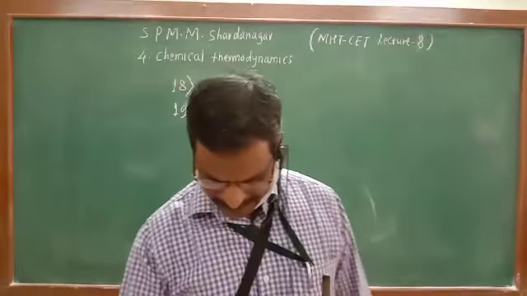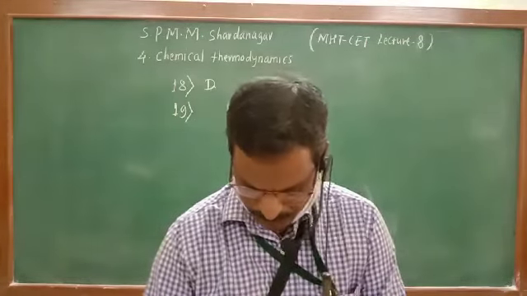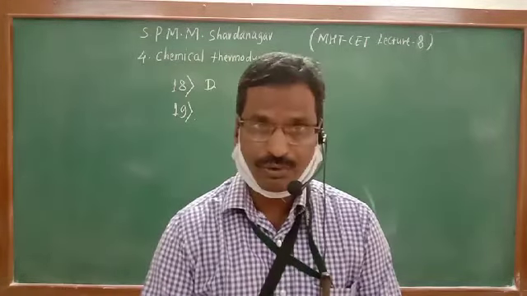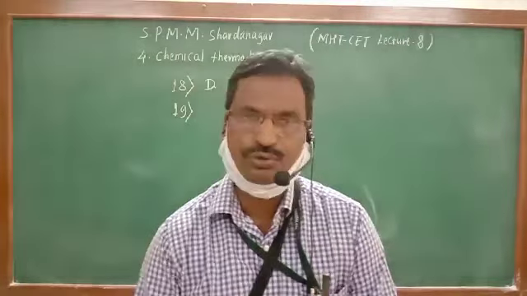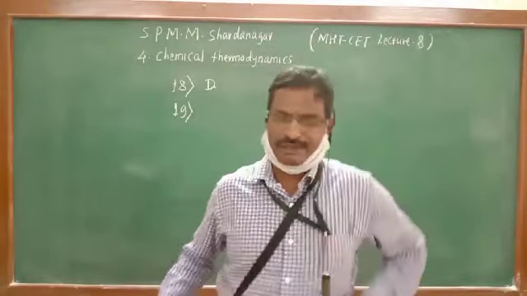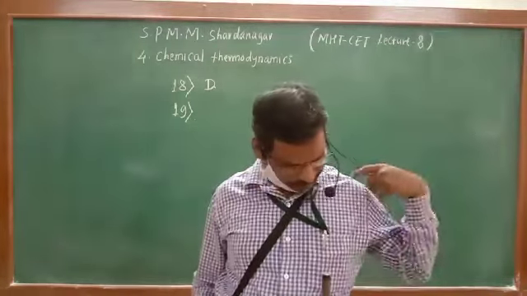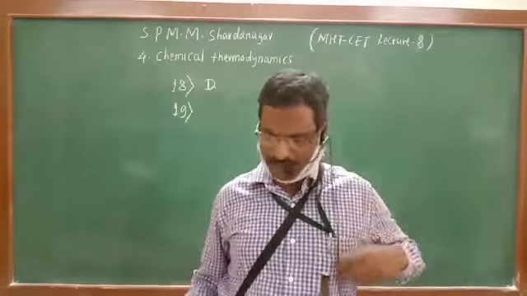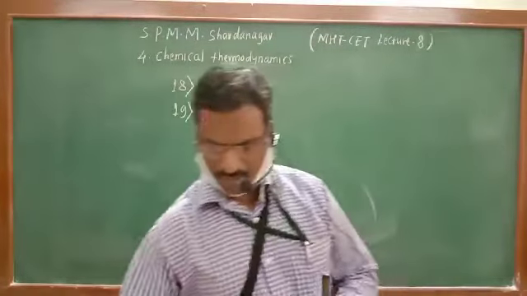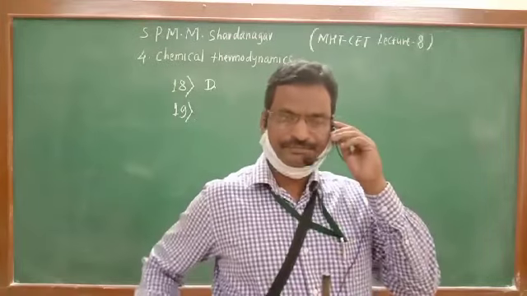See question number 19. The internal energy change when a system goes from state A to state B. What is the question they have given? They have given a question for a reversible reaction.